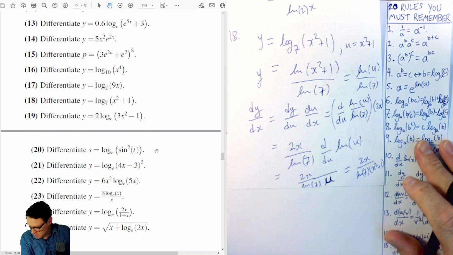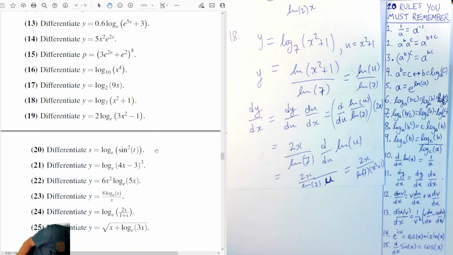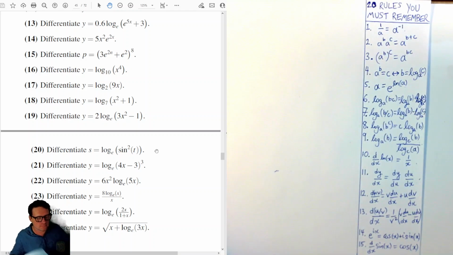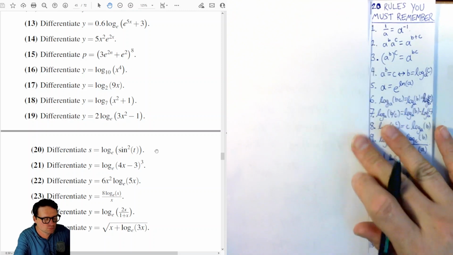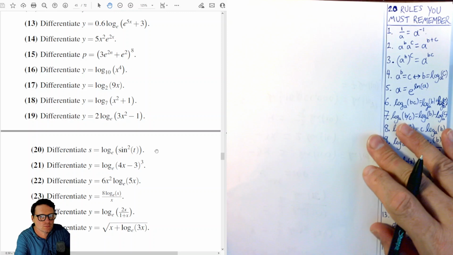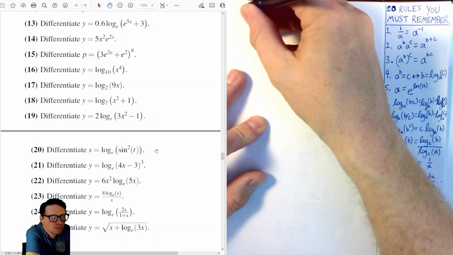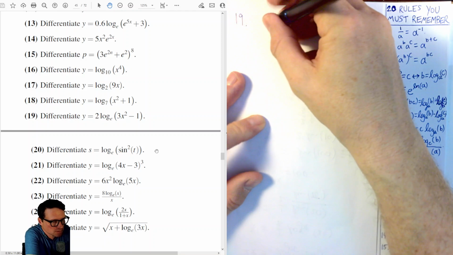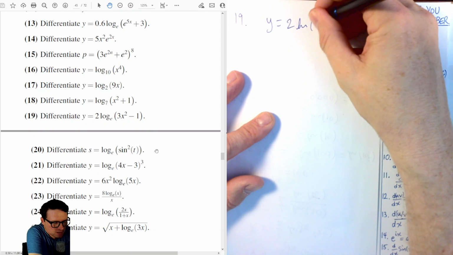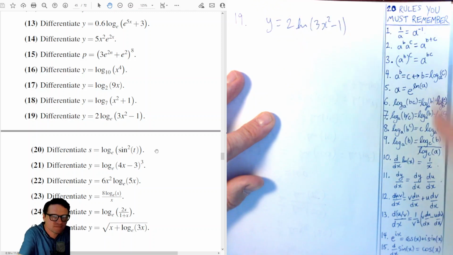Okay, let's move on to another question, which would be question 19. Y is 2 times the natural logarithm of 3x squared minus 1.